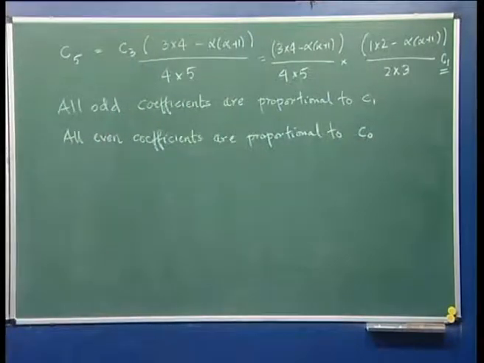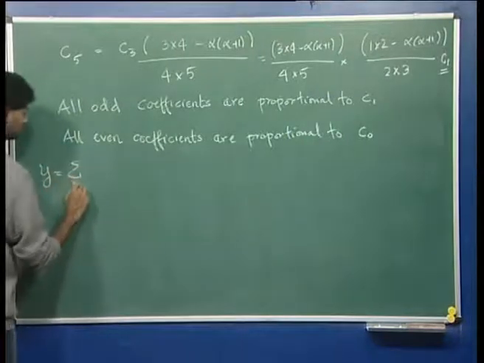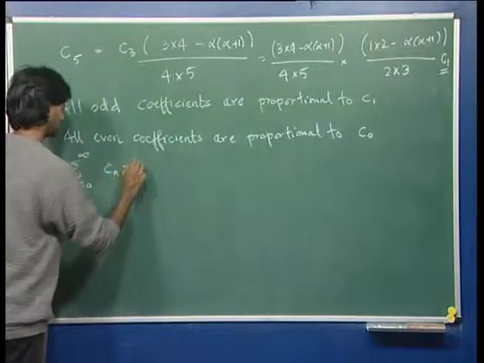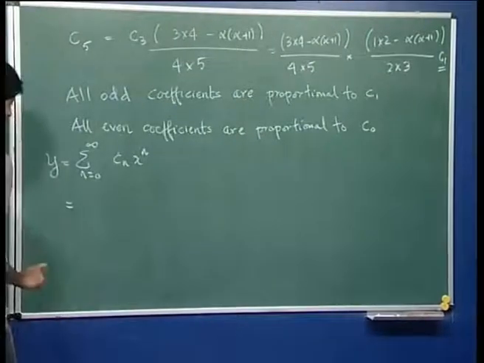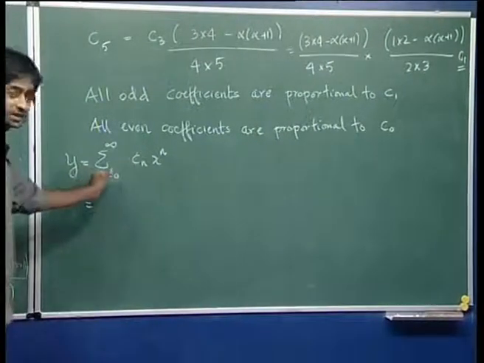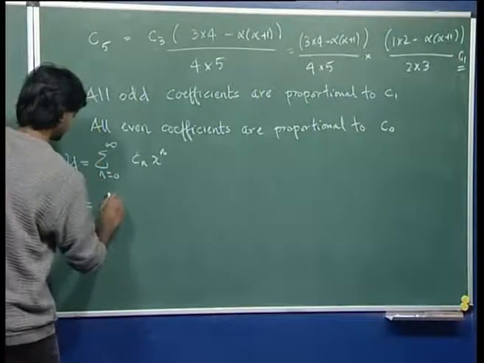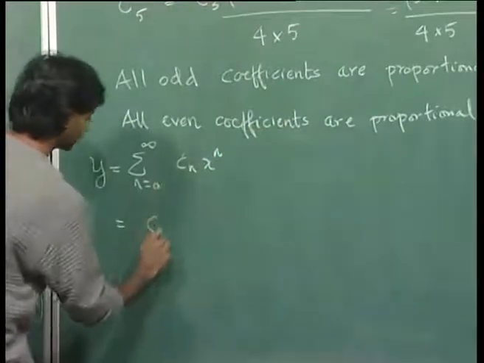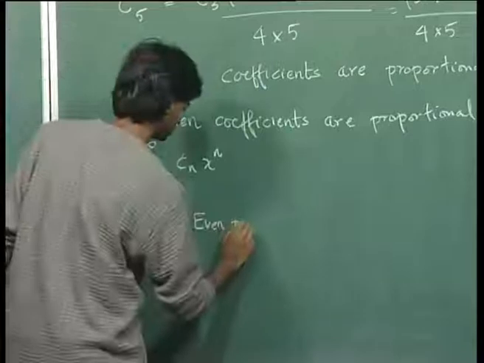Okay. So, then you can write your y is equal to sum over n equal to 0 to infinity C n x raised to n. I can write this in this form. I can collect all the even terms, and all the even terms will be proportional to C0. So, I can write C0 into a polynomial.